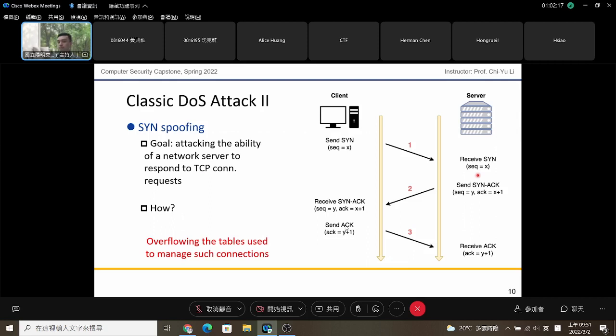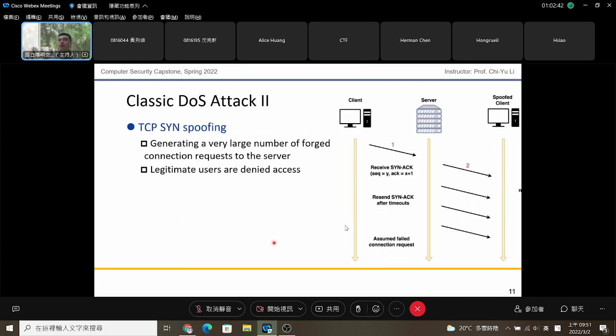Okay. Based on the implementation of the TCP server, the TCP server uses a table, and the memory of this table is fixed. So once we can overflow the table used to manage such connections, the server would suffer from denial of service. So we can use the TCP SYN spoofing attack. We generate a very large number of forged connection requests to a server.